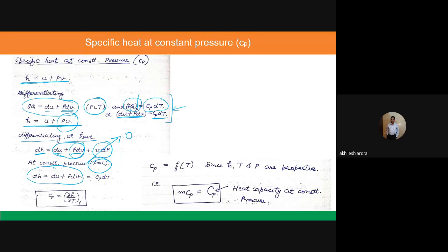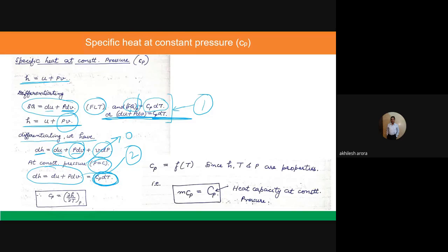So this is the equation, dU plus PdV is equal to dH. And if I say this is equation number 1 and this is equation number 2, just compare both these equations. So you can say that dU plus PdV is equal to Cp dT, from equation number 1. So this is what I have put here.